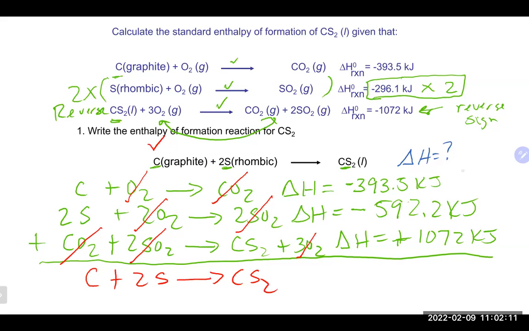What's left to do is to take all of our delta H values that we have now changed based on what we did to the equations, and we want to add them all together. So we're going to add all those guys together. And if we do that, it looks like negative 393.5 plus a negative 592.2 plus a 1072.